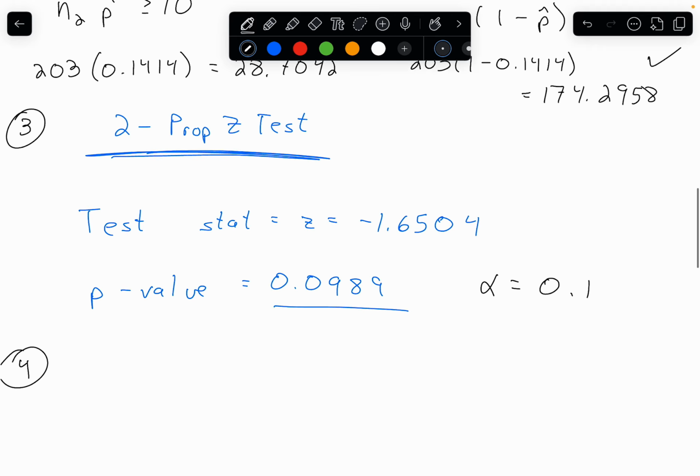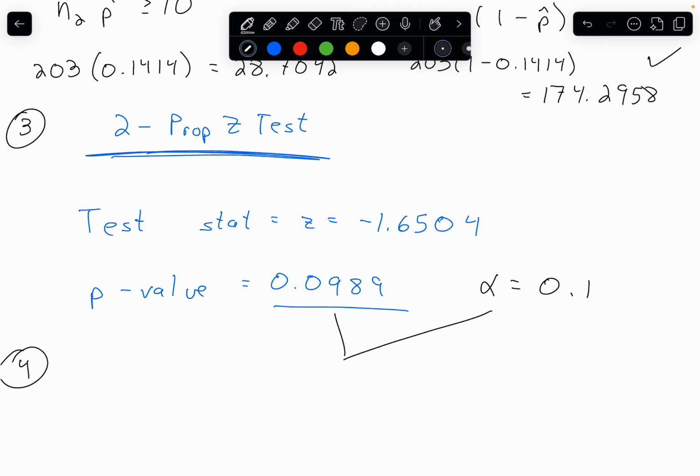So the question that I ask myself, is the p-value less than alpha? In this case, yes, it is. The p-value is 0.0989. There's a less than 10% chance of getting a sample like ours, assuming that the null hypothesis is true.